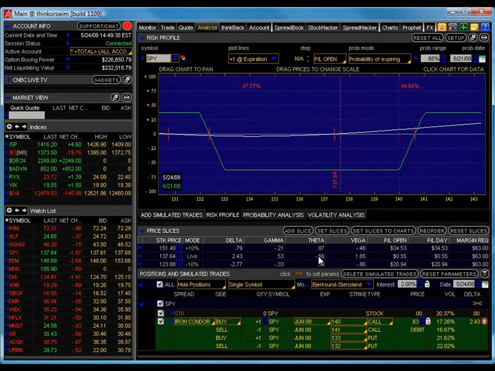Also notice that theta is negative on the purchase of an iron condor, and delta is positive. That's because you're buying a call option and you're selling one at a lower price. So your delta is going to be positive.